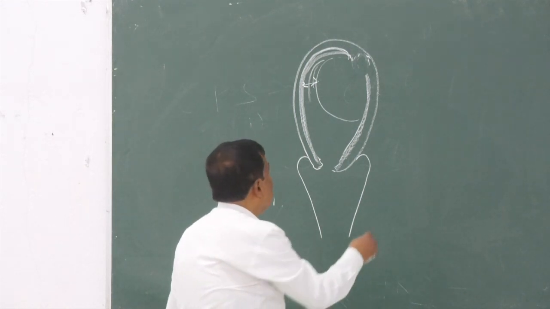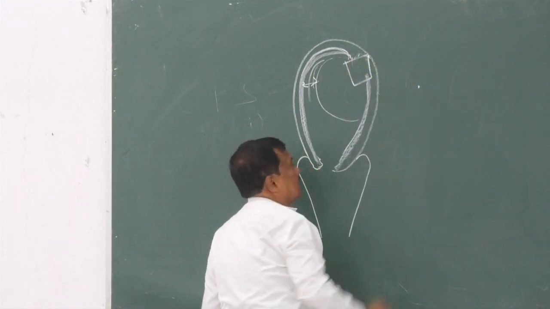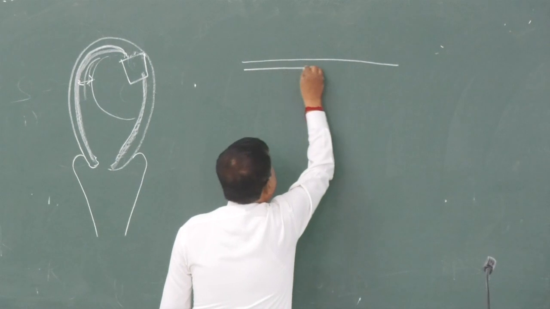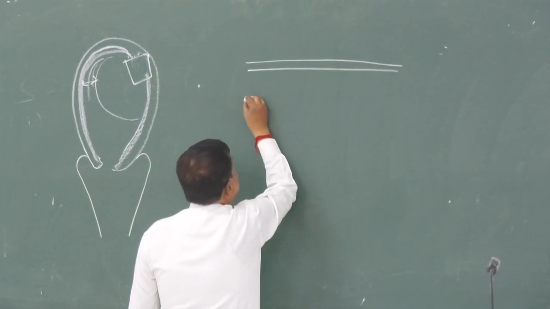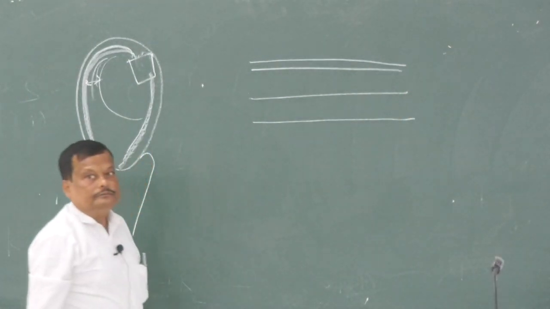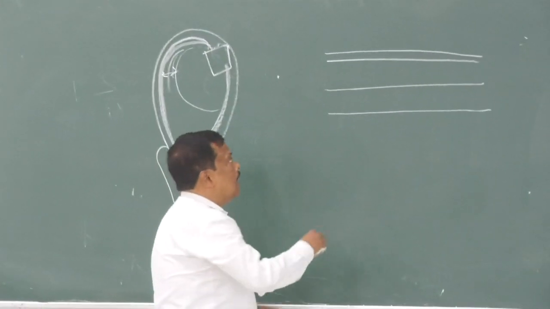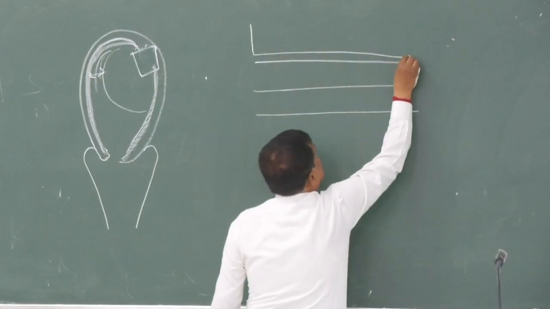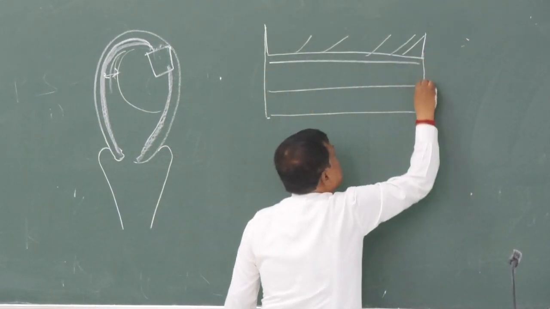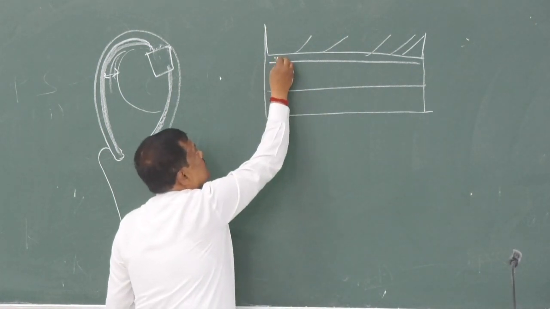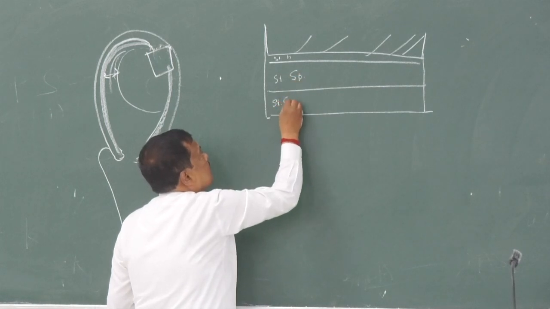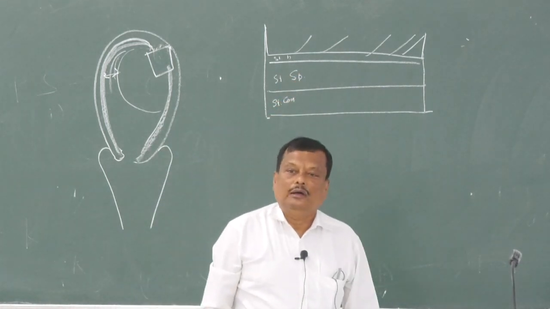Now, again, I will draw it larger. This is the endometrium: stratum basalis, stratum spongiosum, and this is the decidua or stratum compactum. Outside there is a muscle layer. So this is the maternal part.